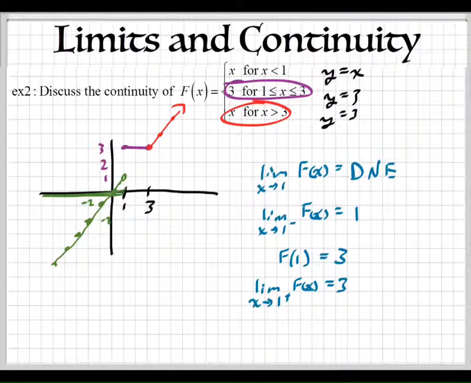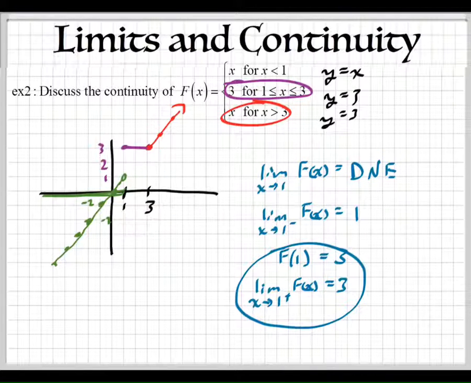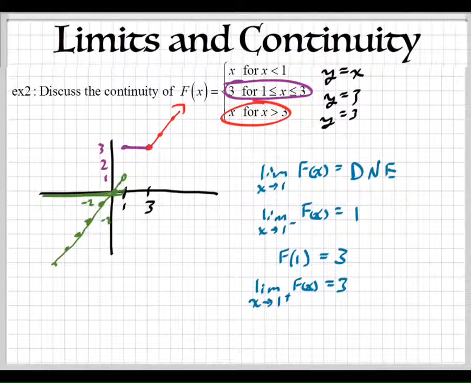Is it right side continuous? Yes. Why? Because they're equal. Also you can just say it has a solid dot right there. That's saying the same thing. So we discussed the continuity a little bit here. The most important part is where it's jumped. But let's look at some other examples.